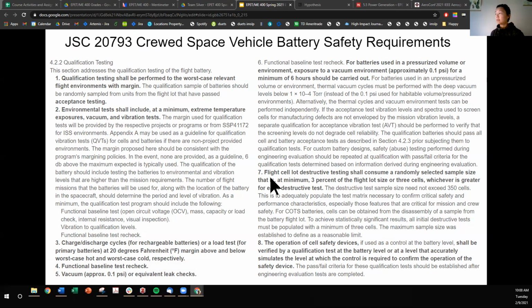There's a flight cell, so the battery cells you actually want to use for flight. Those you need to do destructive testing for a randomly selected sample.